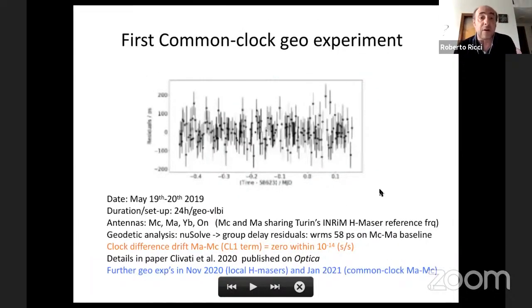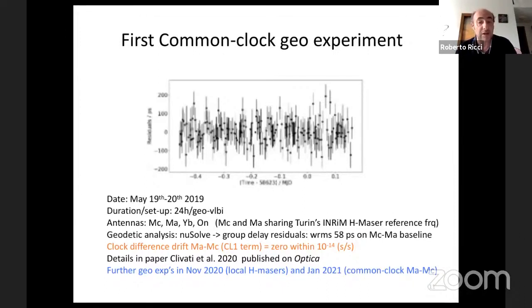The first common clock VLBI geodetic experiment was performed in May of 2019. It was a 24-hour standard geodetic experiment in SX band, and it involved the Medicina, Matera, Yebes, and Onsala antennas.